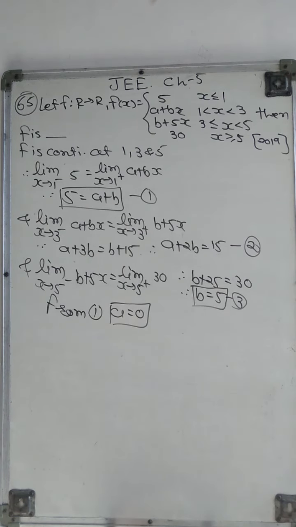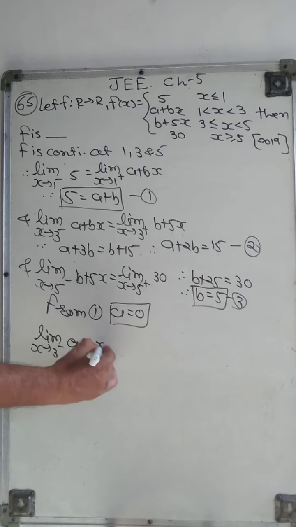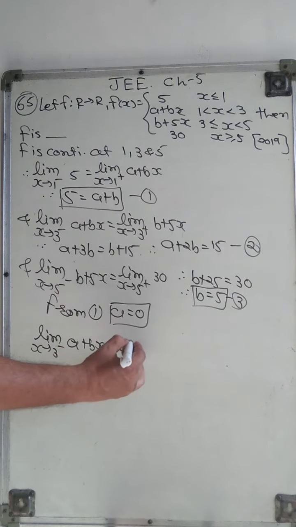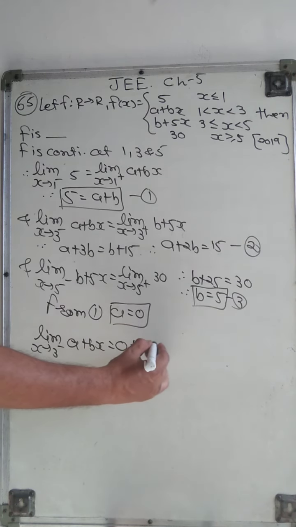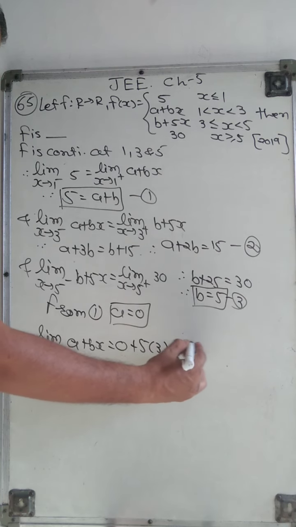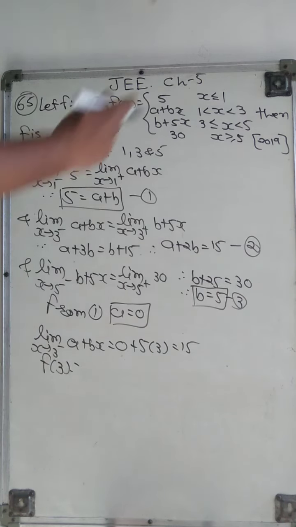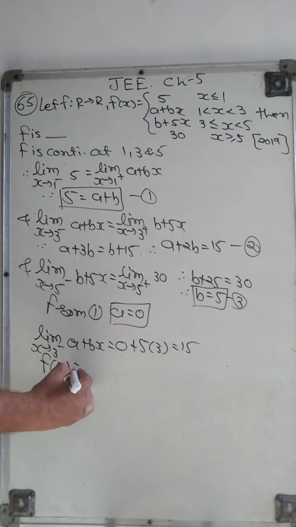So we can say that here limit x tends to 3 minus of a plus bx is equal to a means 0, b means 5 and 3 is 15, right? But f(3) is equal to b plus 5x.